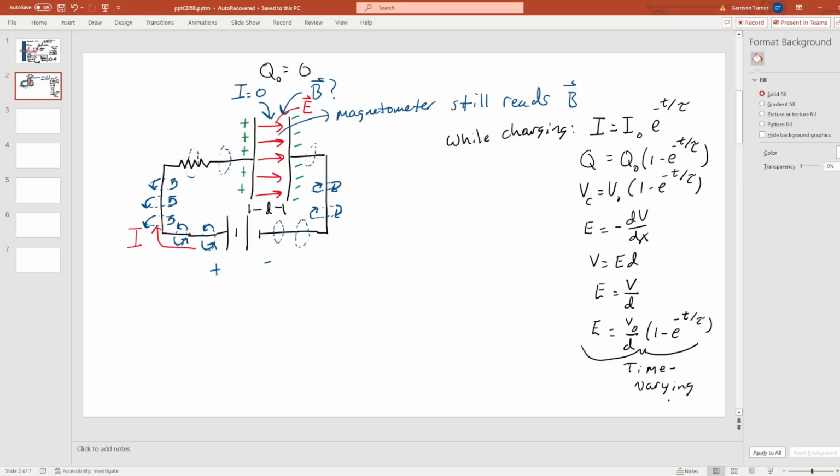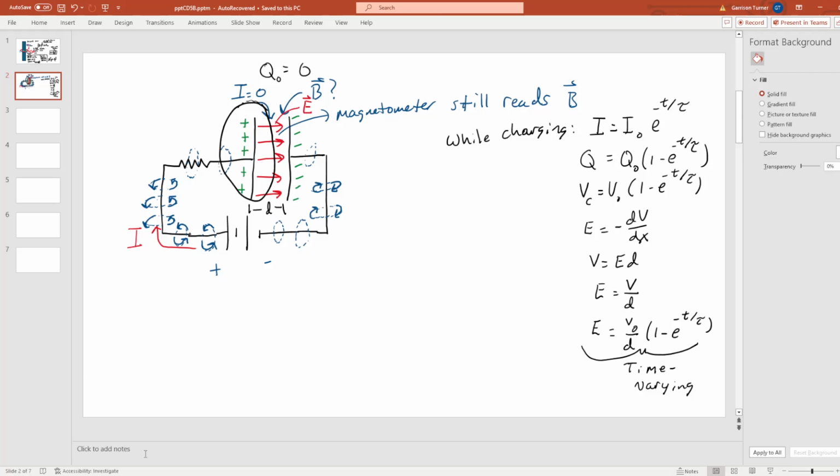And what I can do is draw an Ampere, or not an Amperian loop, but a Gaussian surface. I can draw a Gaussian surface that encompasses one side of the capacitor. So imagine that I draw some sort of sphere.